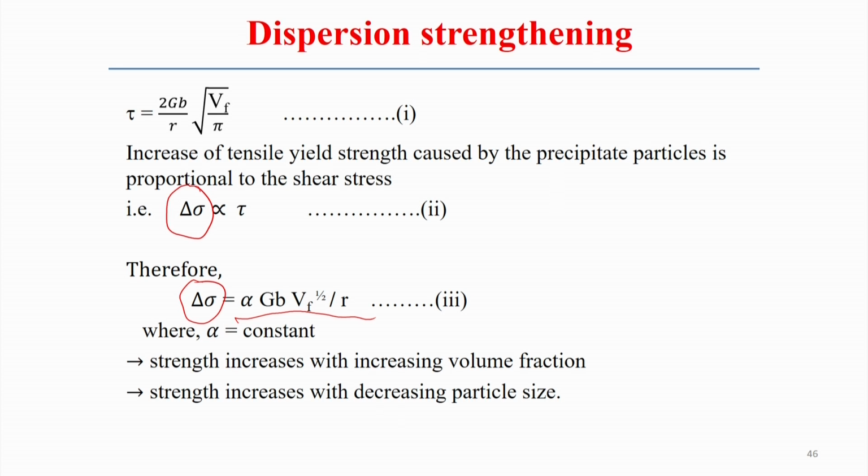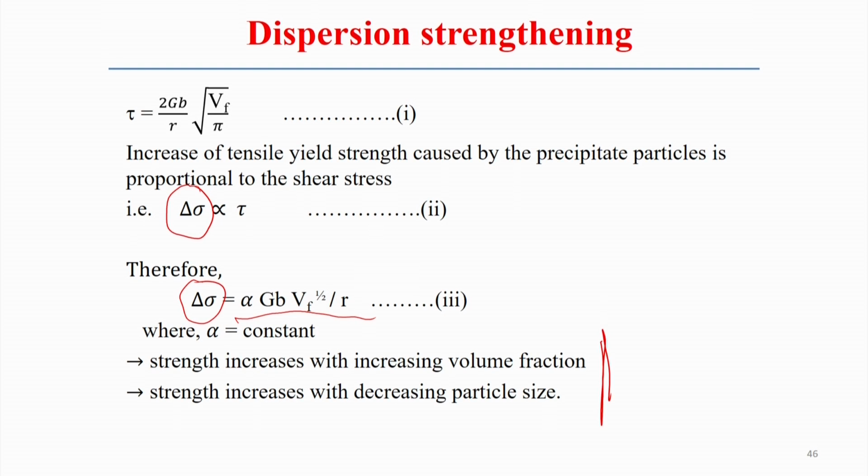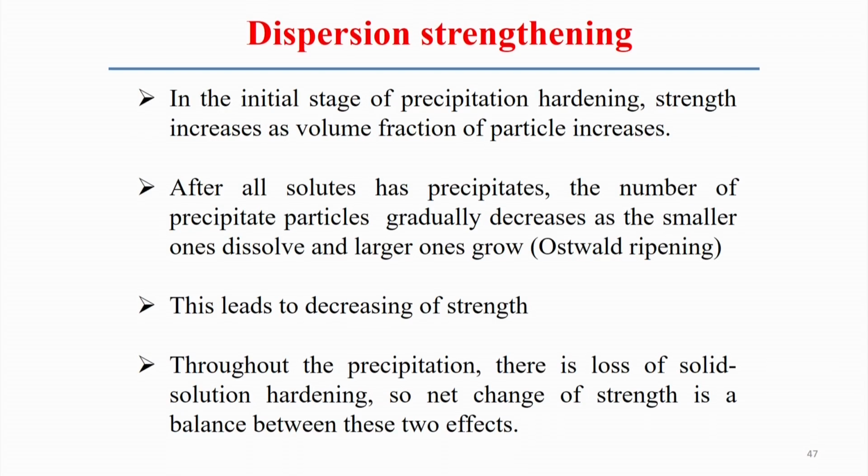But at the same time, strength increases with decreasing particle size. If the particle size becomes smaller and smaller, the strength level can also be increased. So both ways it is possible to impart the strengthening mechanism in case of dispersion strengthening, that means strengthening by the presence of the particles.